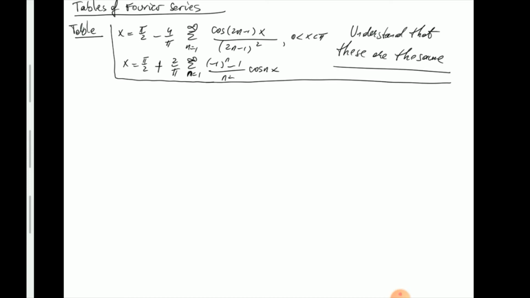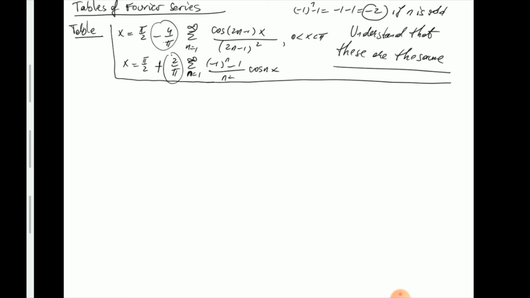So if it's not clear yet, notice that (-1)^n minus 1 is actually minus 2 if n is odd. So that extra minus 2 comes out and it's multiplied by 2 over pi, and that's why it becomes minus 4 over pi. Make sure you understand that, because if your answer doesn't go through this algebra trick, you may think that your answer is incorrect if you compare it with what the problem says or what the table says.